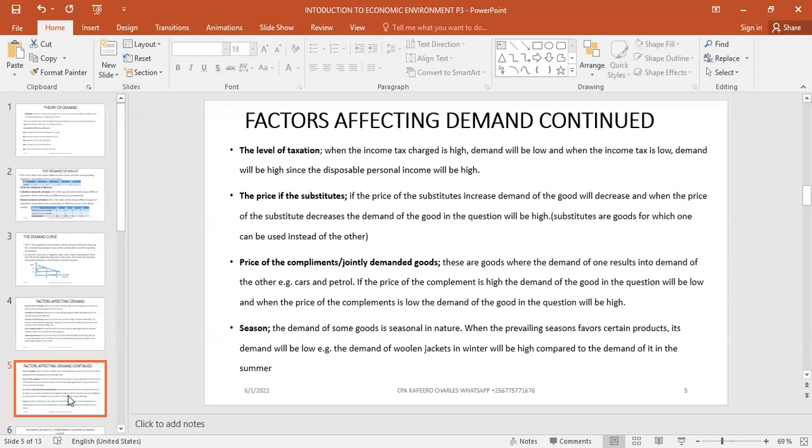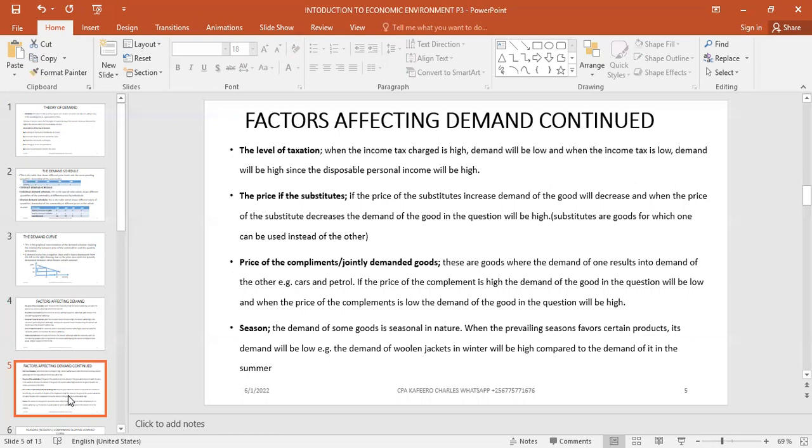If, let's say, the income tax is a bit high, we will find that people are going to be left with a small disposable income, which will cause a low demand, because they will not have enough disposable income to buy certain items.